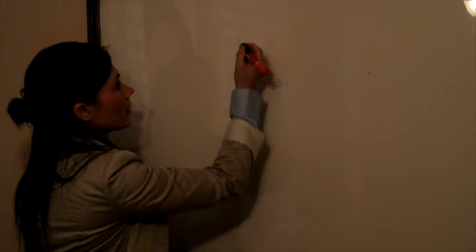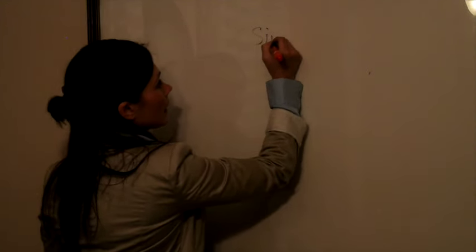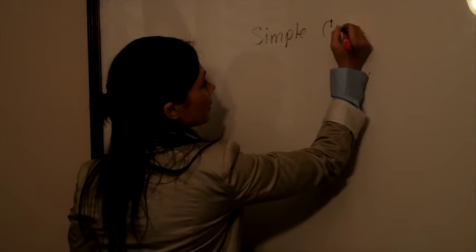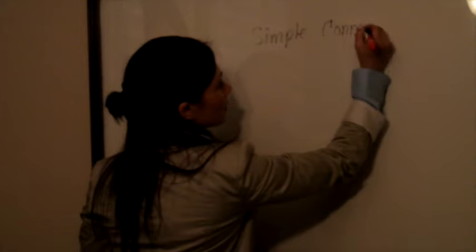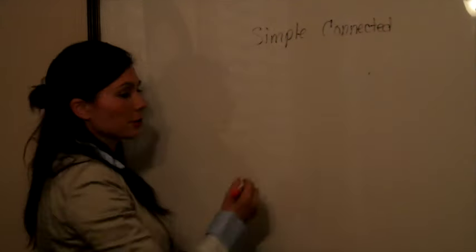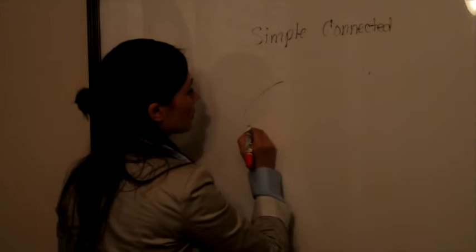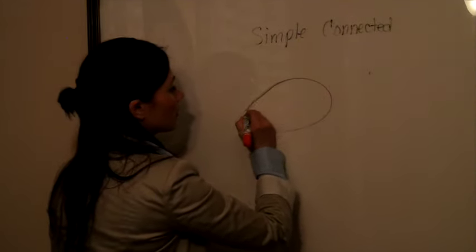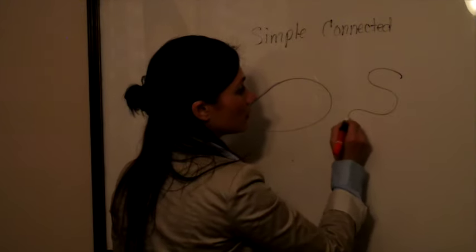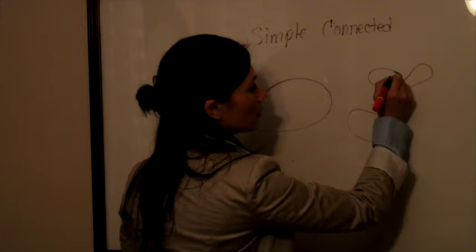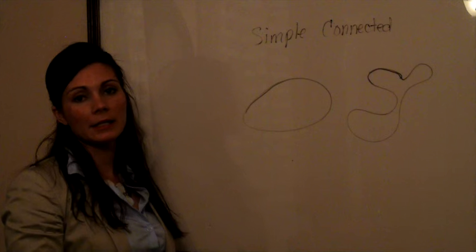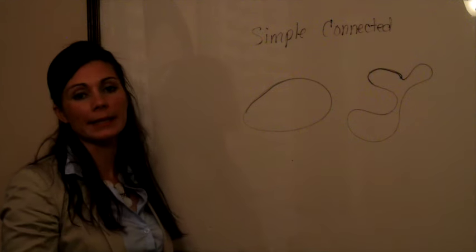So let's look at this. A simply connected curve is something like a circle, which looks as such. Or this shape. These are two examples of simply connected.